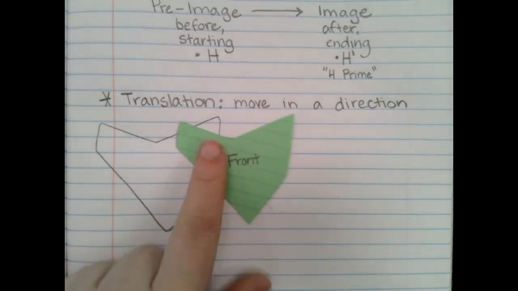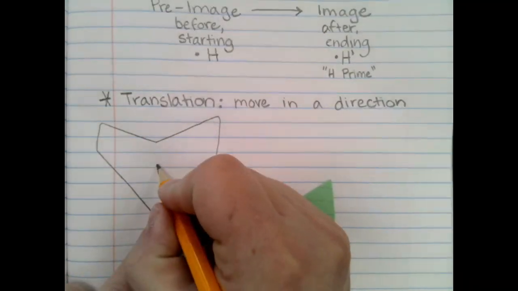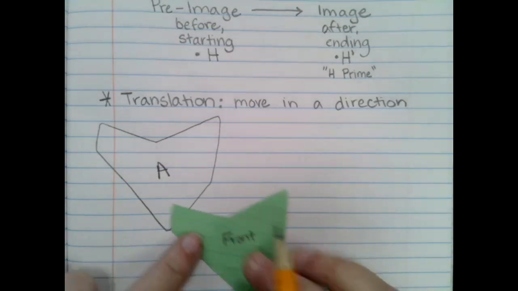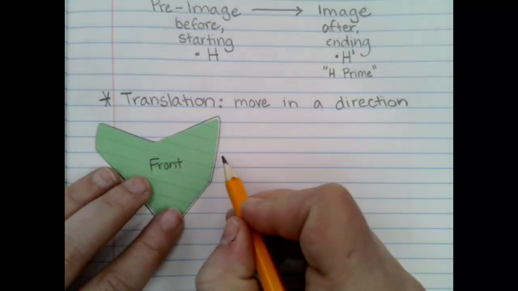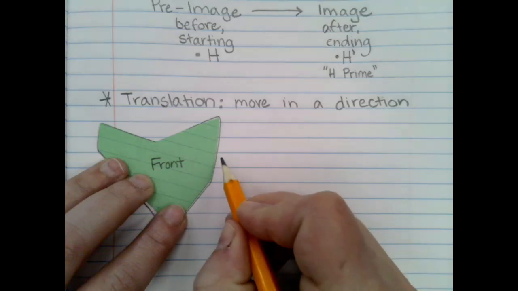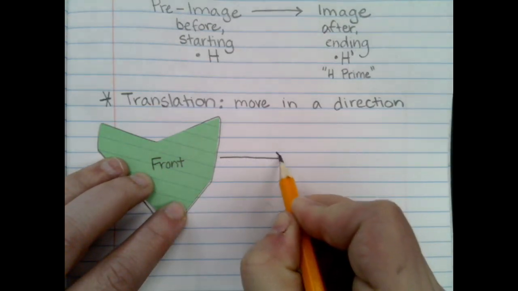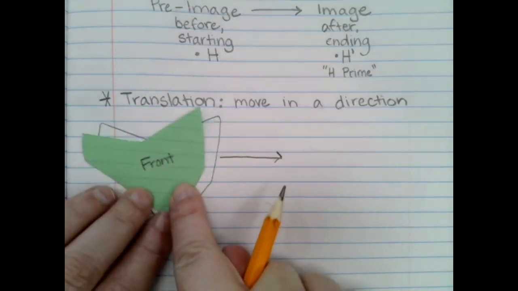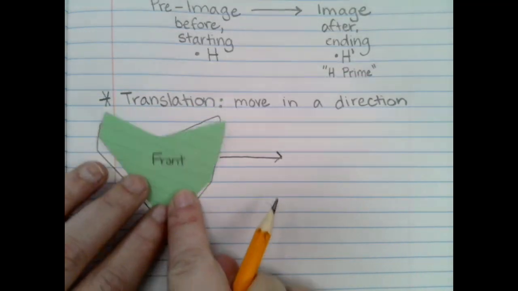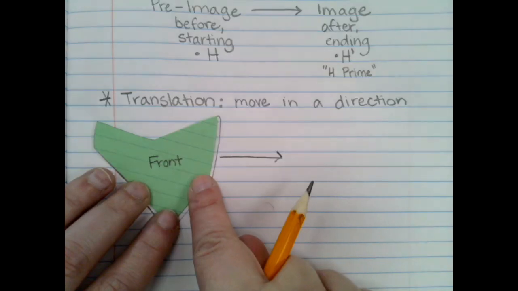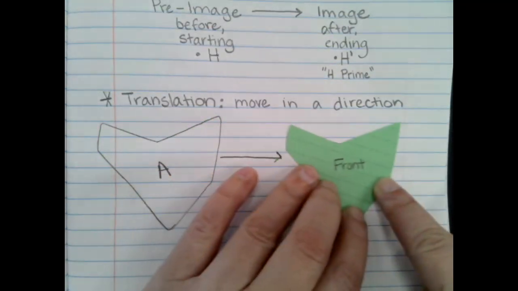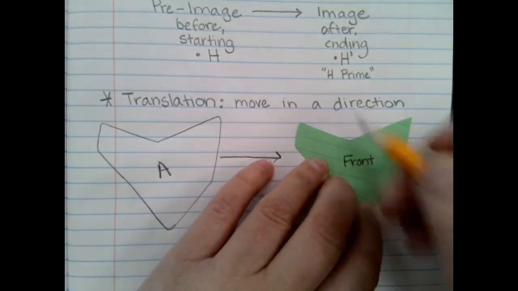All right, so this is going to be our first shape. So we're going to start by calling that shape A. And then a translation really means that I'm going to take this shape and I'm literally going to just be moving it over. I'm not going to turn it. It tells me to move to the right. So I'm literally going to take this shape where I had it drawn, and I'm going to move it to the right, and then I'm going to draw it over here.